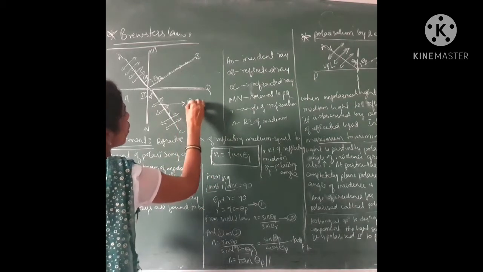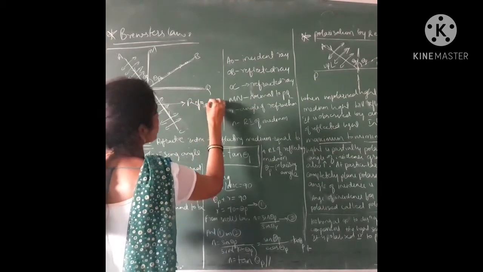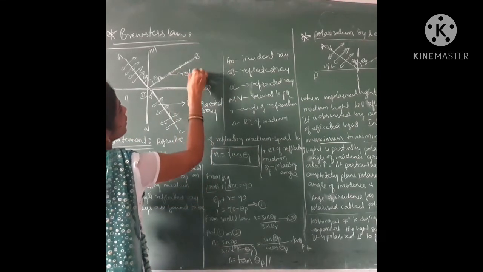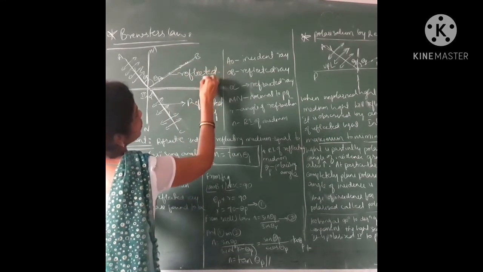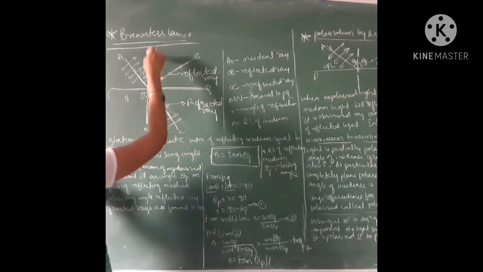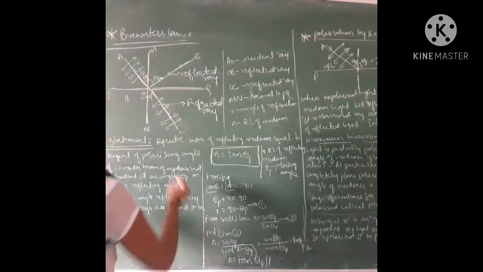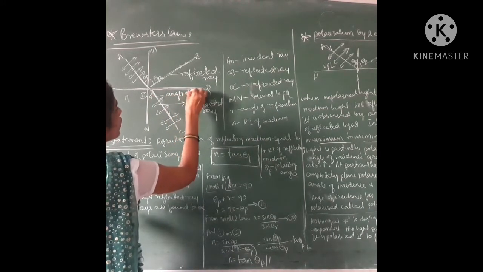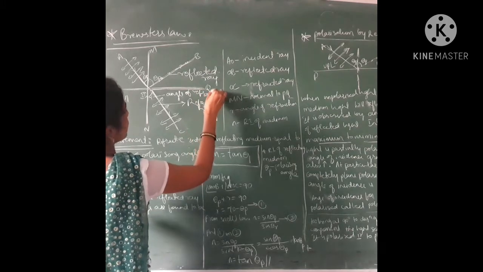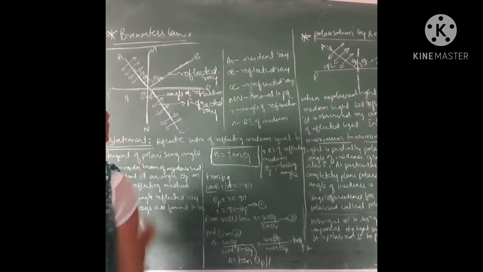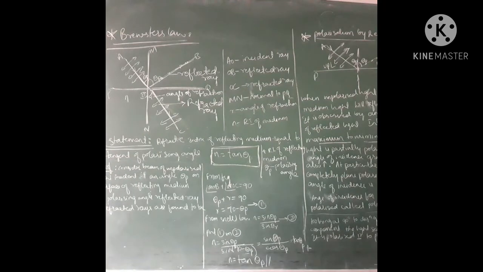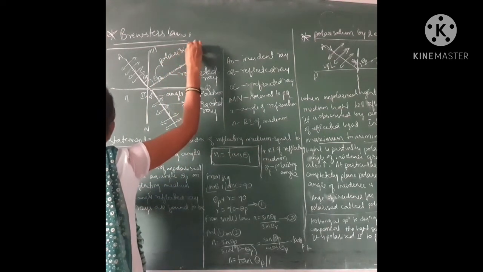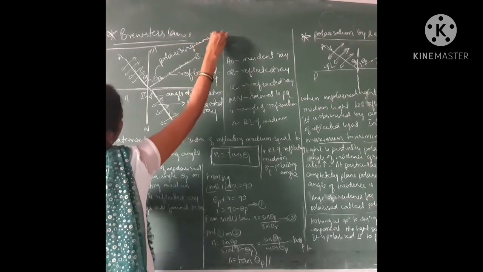This is the normal drawn to PQ, and r is the angle of refraction, and theta p is the polarizing angle.